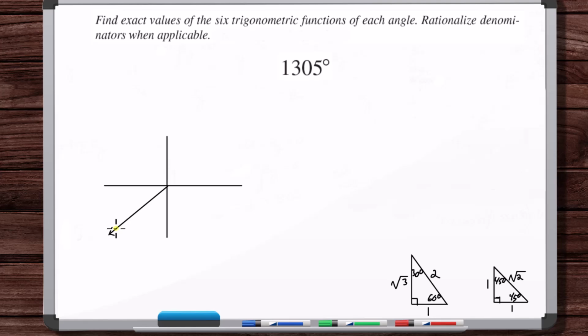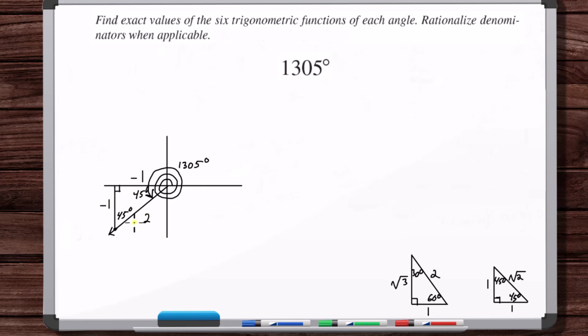Okay, so the reference angle is 45 degrees, and the actual main angle, you do 3 rotations, so 1, 2, 3. And then the reference angle is 45 degrees. This is 45 degrees.